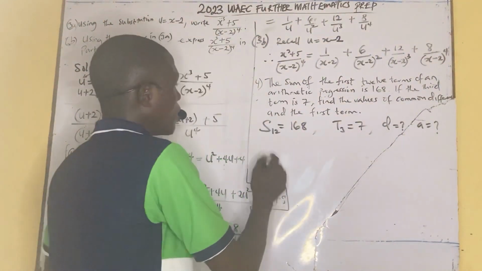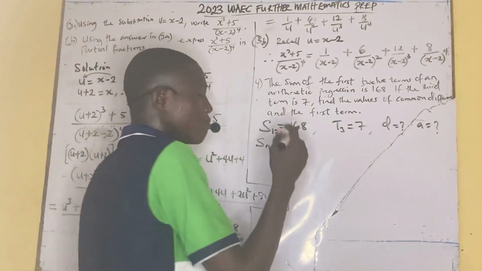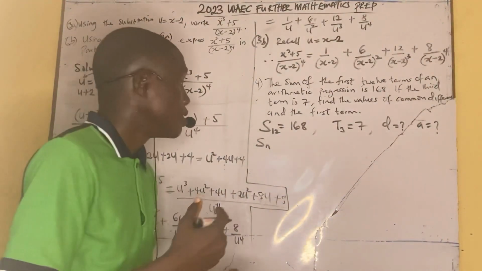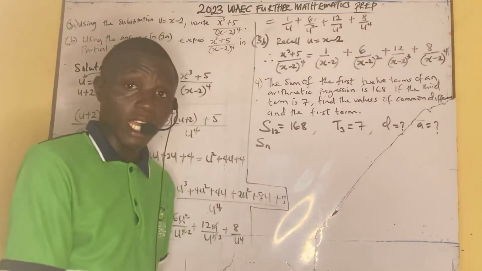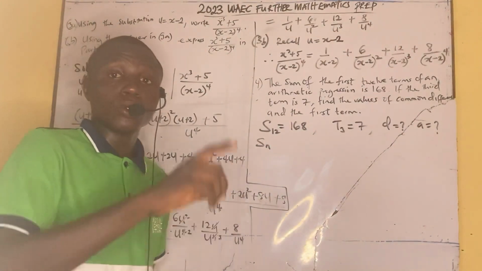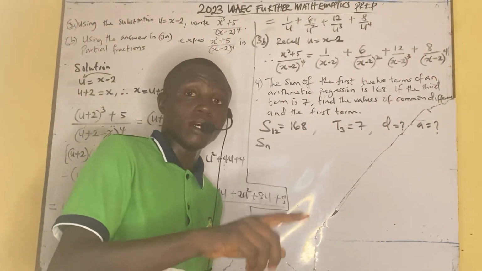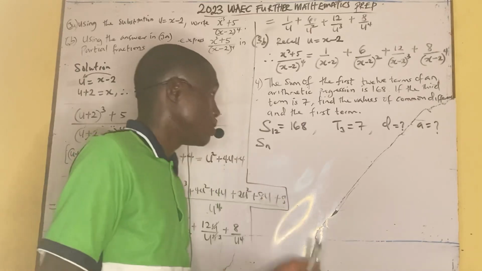So from here now we have Sn. Look at this. We have 3 formulas for calculating the sum of terms in an AP. The first one is Sn equal to n over 2 into bracket 2a plus n minus 1 into bracket d, which is applicable to this.